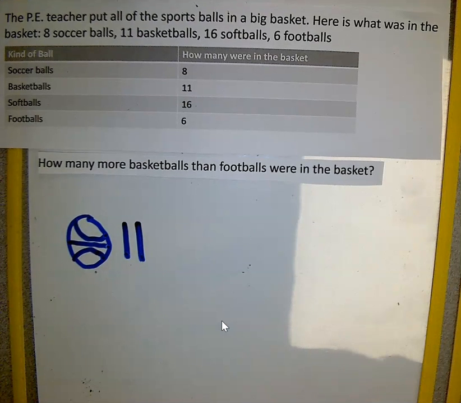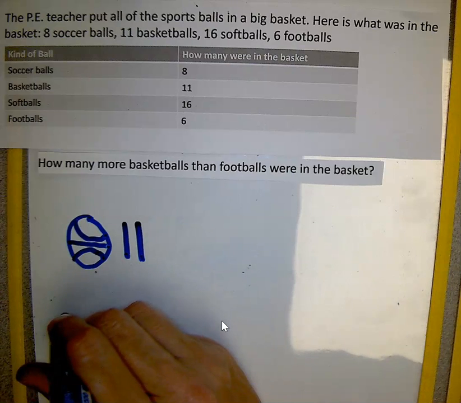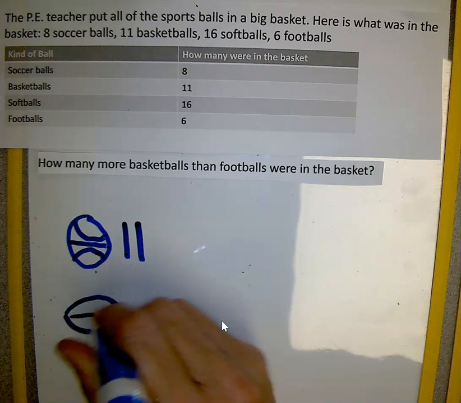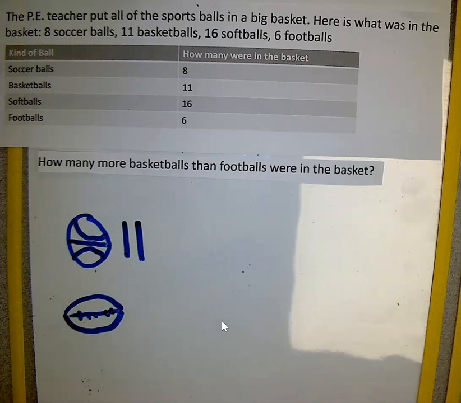Okay, now footballs. Can we draw a football? All right, there's my football.